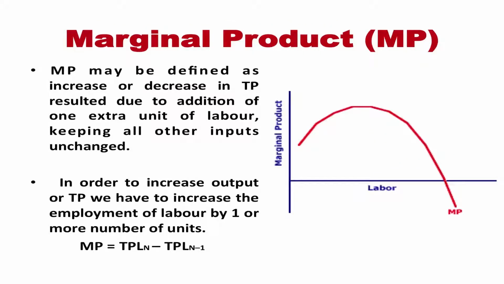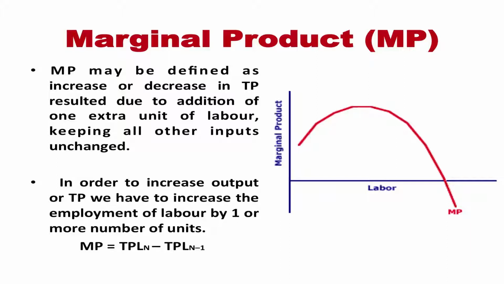Marginal product is defined as increase or decrease in TP resulting due to addition of one extra unit of labor employed, keeping all other inputs unchanged. In order to increase output or TP, we have to increase the employment of labor by one or more number of units.